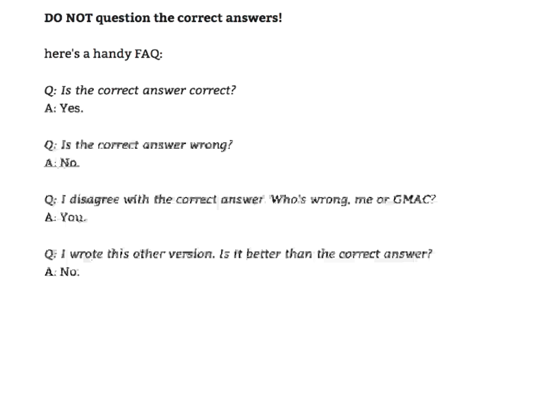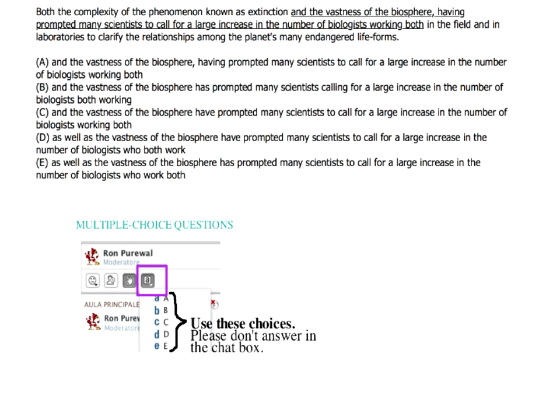So if you look at this, well, that's not a verb. That's a verb. Has prompted. That's also a verb. It's a plural verb instead of singular, but it's a verb. And then those are also verbs.